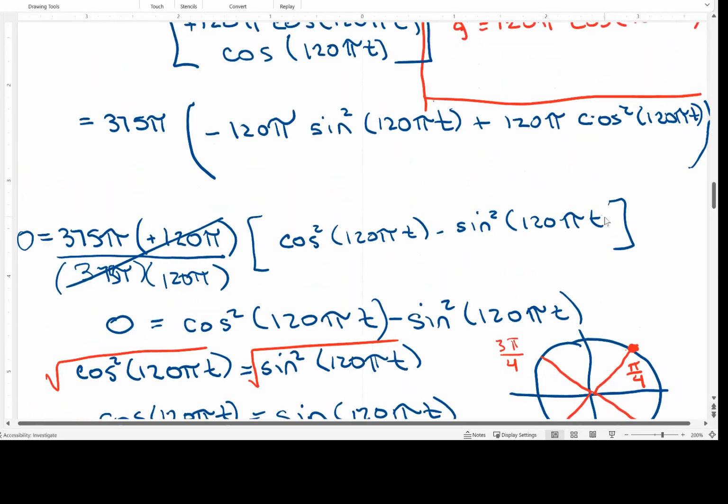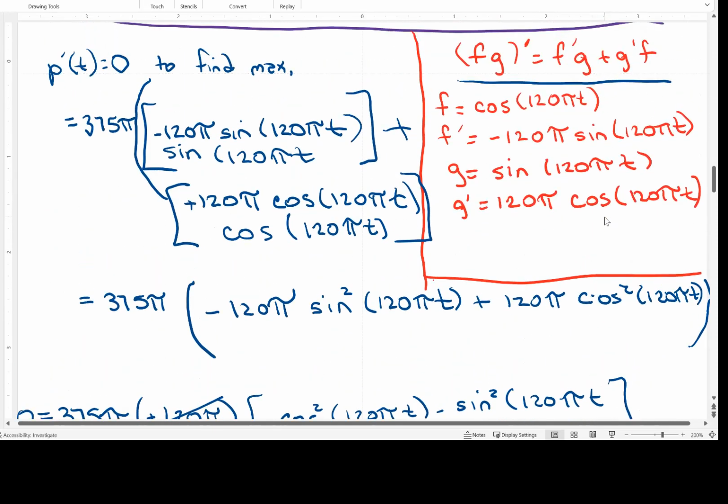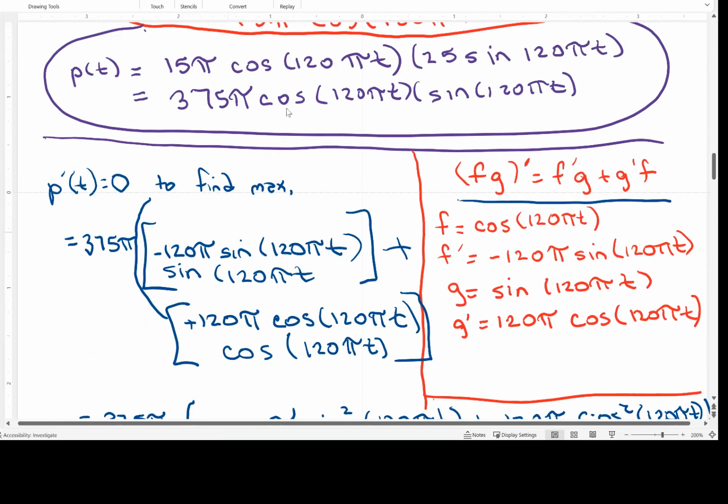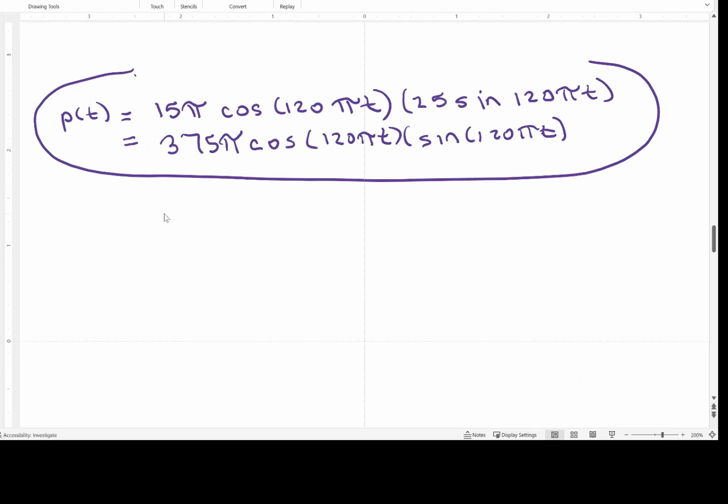My power equation, let's get back to my original power equation. It's right here. We said P of t is at its maximum when they're positive. The cosine of pi over 4 is square root of 2 over 2.